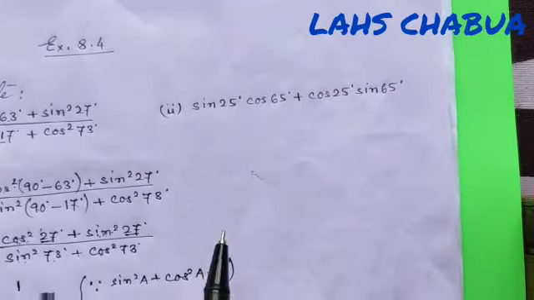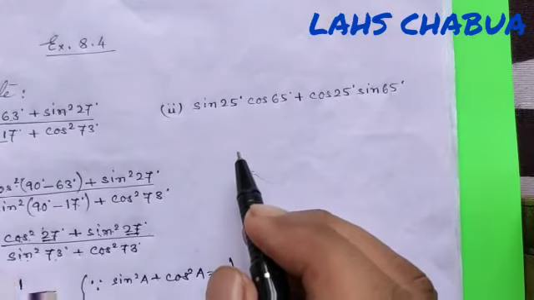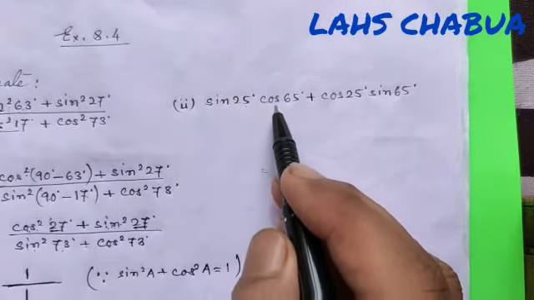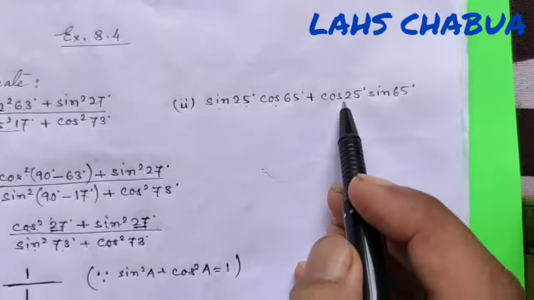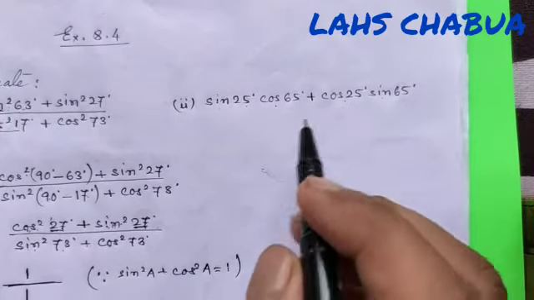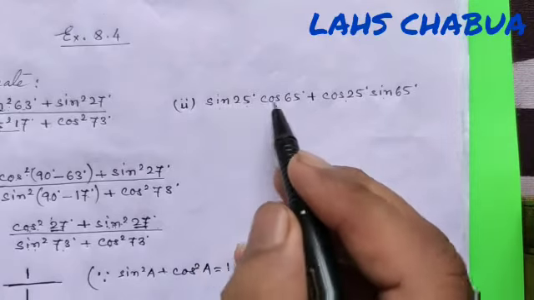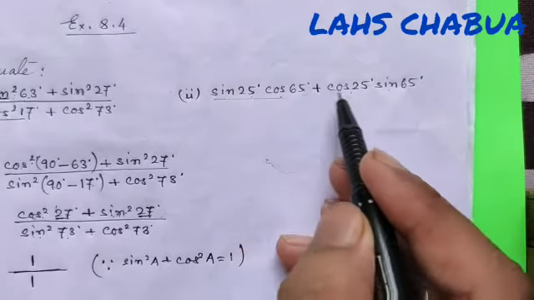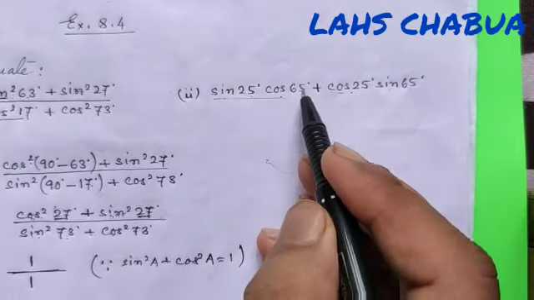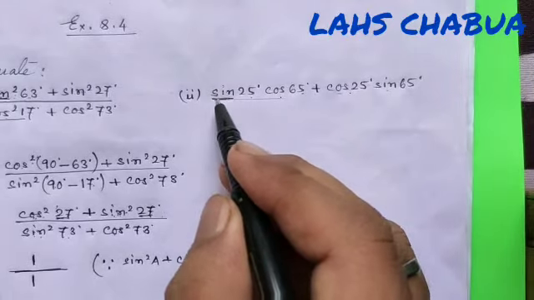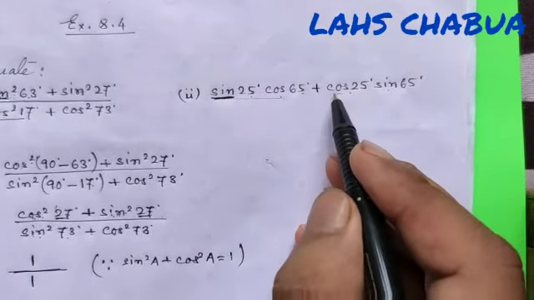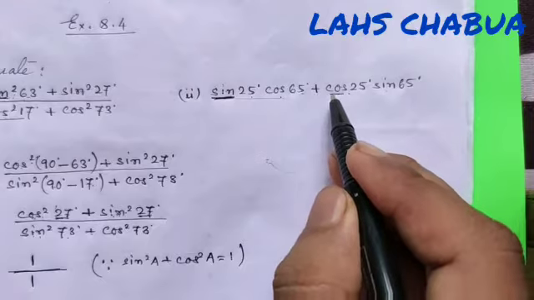Now come to the second question. Our second question is this one: sine 25 into cos 65 plus cos 25 into sine 65. Here also there are two terms, see, the plus sign is here; this is the first term, this is the second term. From the first term we are going to change the sine ratio, and from the second term we are going to change the cos ratio.